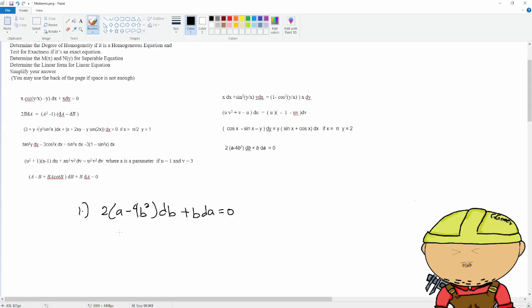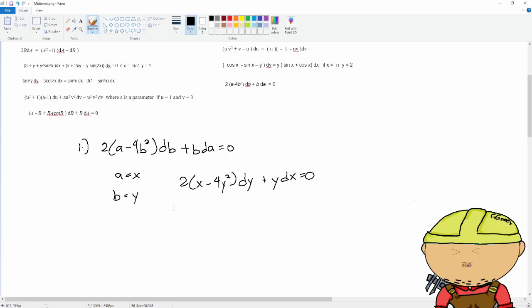So I'm going to switch it up: a is equal to x, b is equal to y, so that our equation becomes x minus 4y squared dy plus y dx. It's much easier to look at.